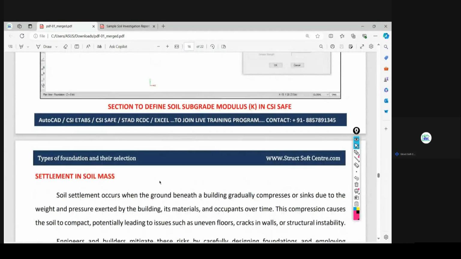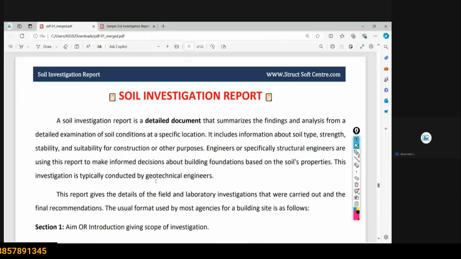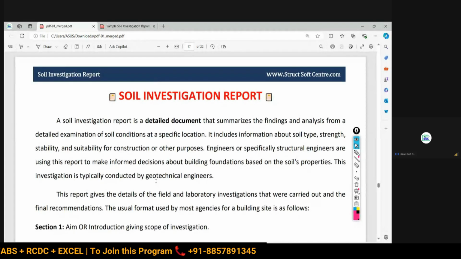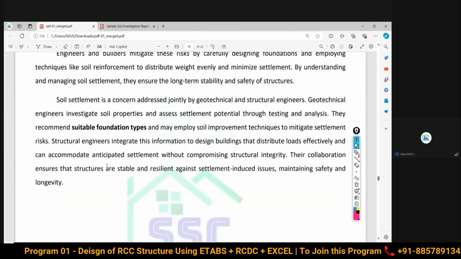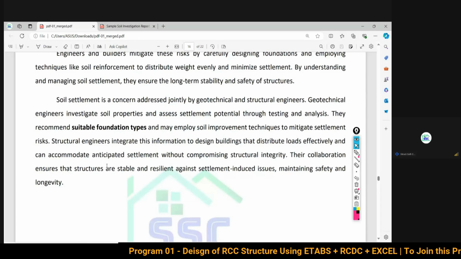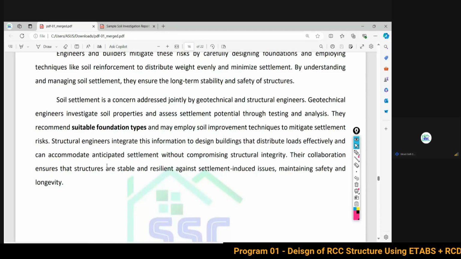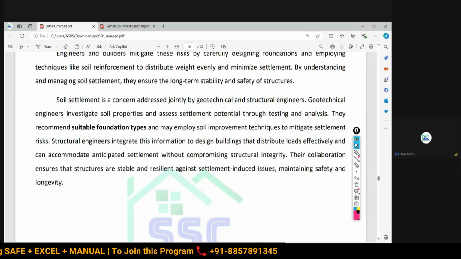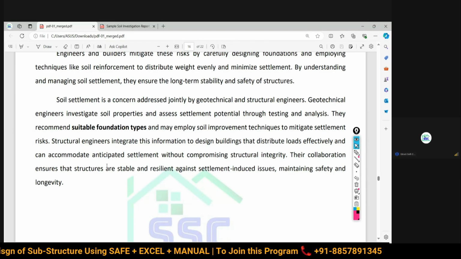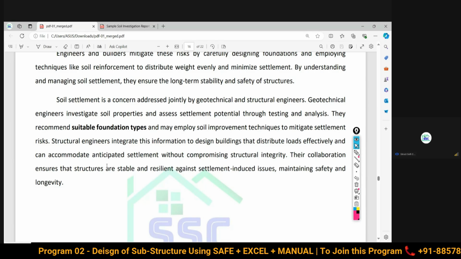So the summary of all this discussion is that we need to have a detailed understanding of the soil. Once you have all the properties of the soil in respect of its moisture content, permeability, plasticity, bearing capacity, ultimate bearing capacity, and resistance potential, and if it does not have enough potential to resist, it undergoes settlement.